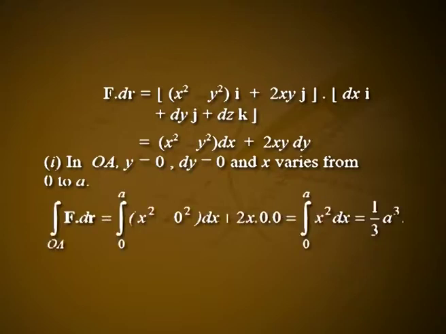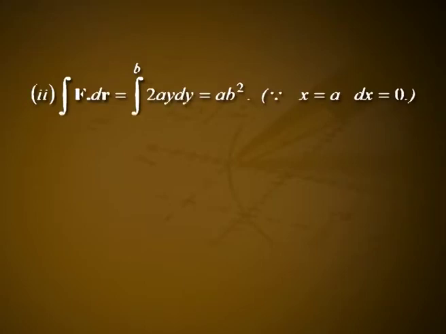The integral over OA of F dot dr is equal to the integral from 0 to a of (x² - 0²)dx + 2x·0, which is equal to the integral from 0 to a of x² dx, which is equal to a³/3. Similarly, the integral over AC of F dot dr is equal to the integral from 0 to b of 2ay dy, which is equal to ab², since x is equal to a and dx is equal to 0.